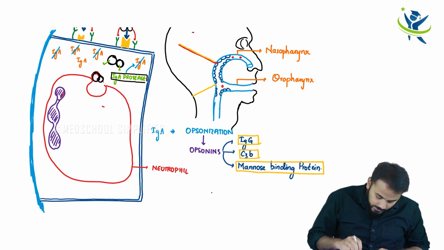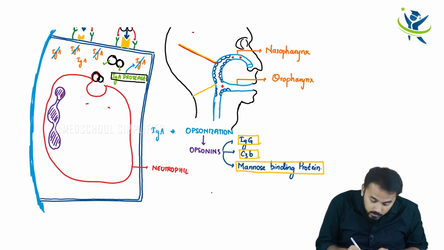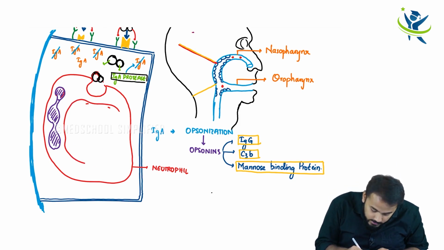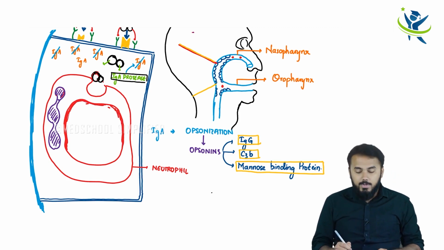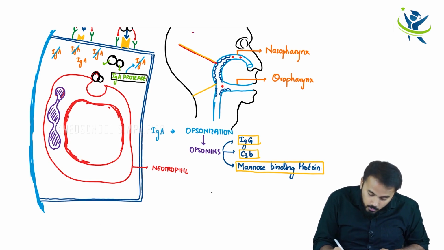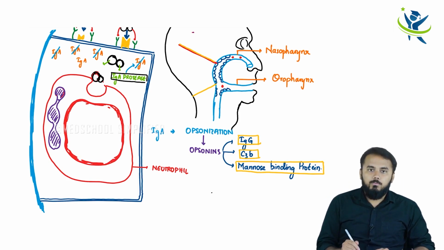Let me enlarge this phagosome. Don't get confused: what I am drawing here is not a neutrophil within a neutrophil, this is a phagosome. Why is the phagosome so big? I have drawn it like that to explain some things. So finally, your diplococci are now in the phagosome.